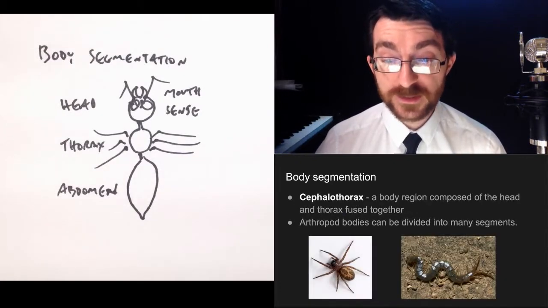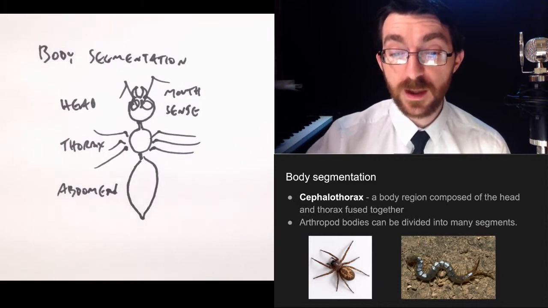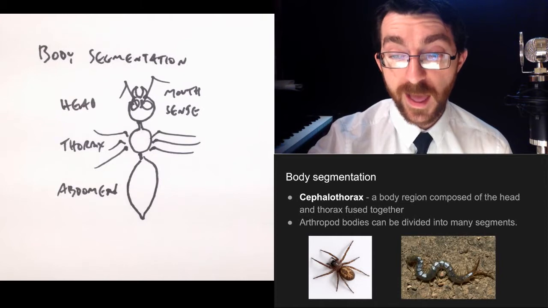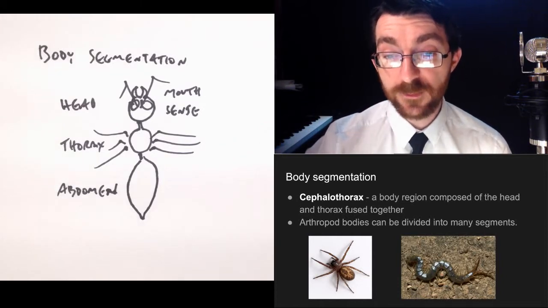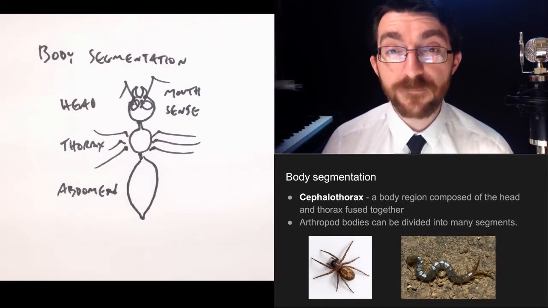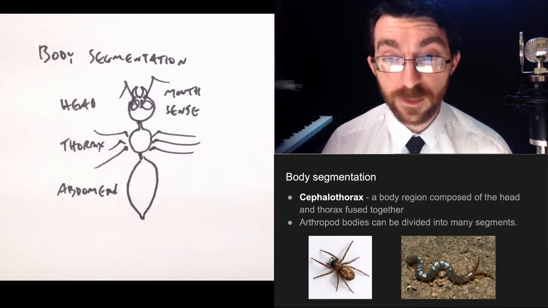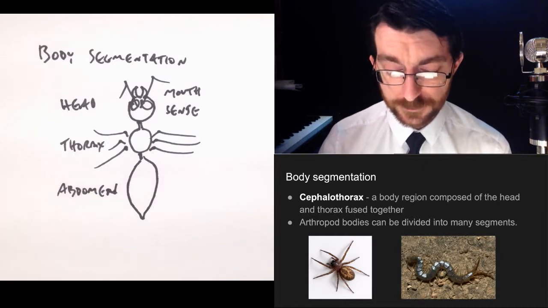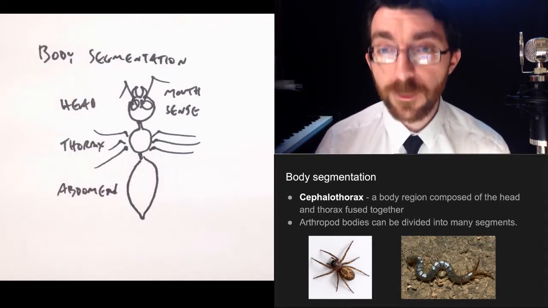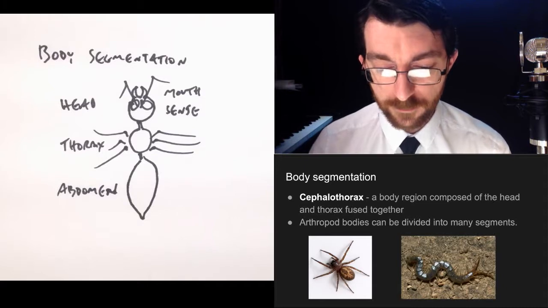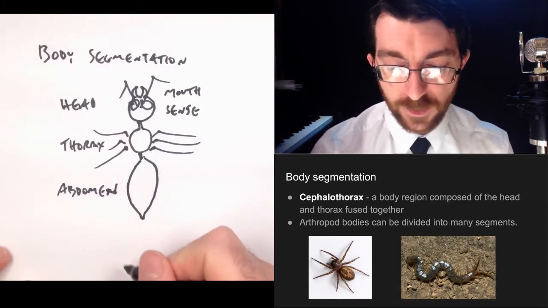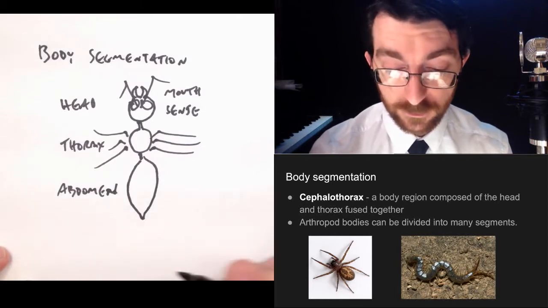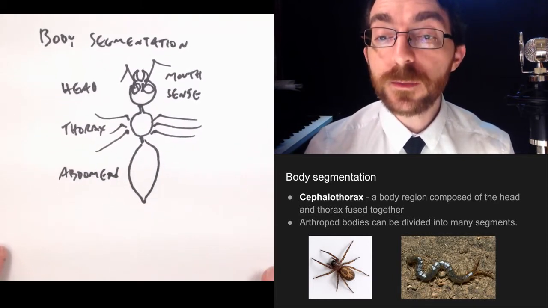For example, some creatures like spiders, crustaceans, and I think that's a centipede, they don't have these body divisions. For example, you'll notice for a spider, I think I can draw one below here. A spider has an abdomen. I might be running out of room there. Let me move that up. There we go.